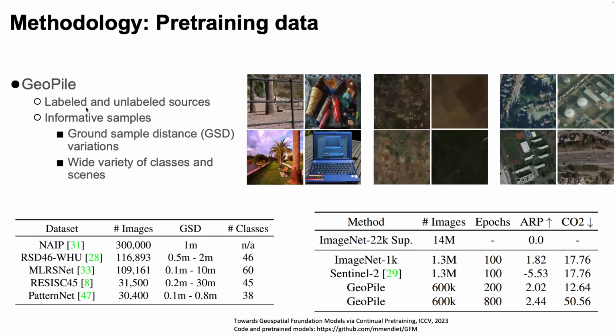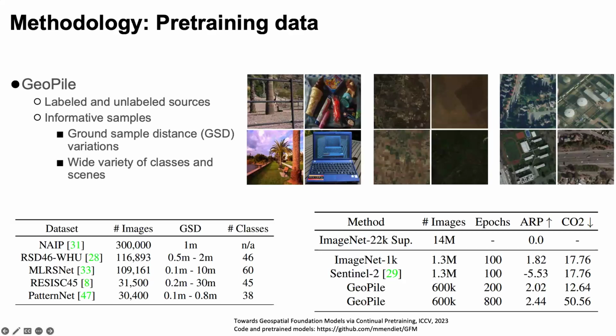GLPAL is made of open source datasets with different ground sample distances, with various classes, labeled and unlabeled. It has 600K images in total. It is relatively small compared with other foundation models that are, for example, pre-trained with ImageNet, or NLP models trained with the whole internet. We surprisingly found that it does work better than just having Sentinel-2 as the pre-training dataset, because we calculated the entropy of each image.